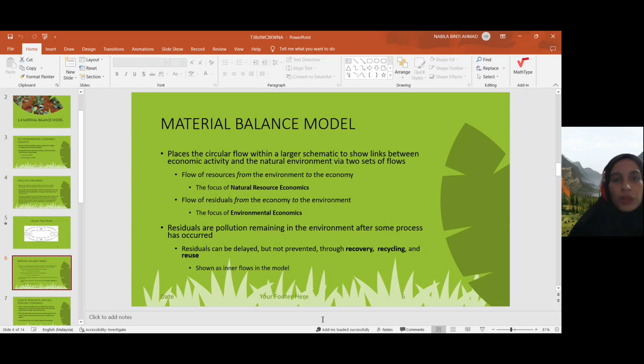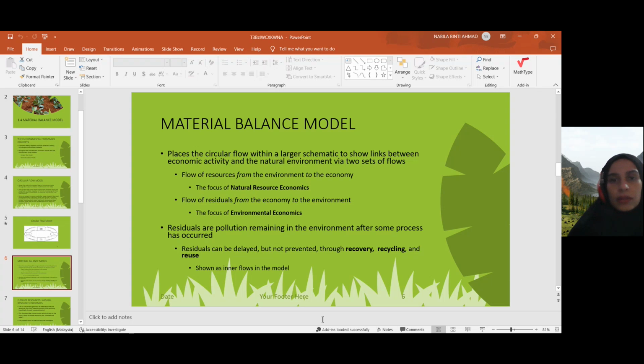First, the flow of resources from the environment to the economy, the focus of natural resource economics. Second, the flow of residuals from the economy to the environment, the focus of environmental economics. Residuals are pollution remaining in the environment after some process has occurred.